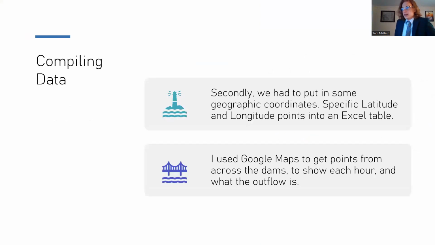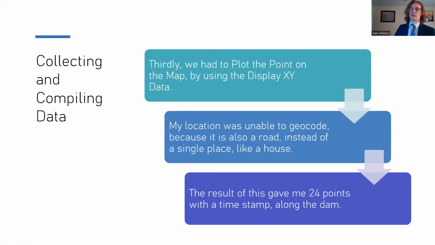To compile this data, we had to put in specific geographic coordinates. So I used latitude and longitude points to put in an Excel table. I also used Google Maps just to get points for the dam. To plot the point on the map, I used display XY data.